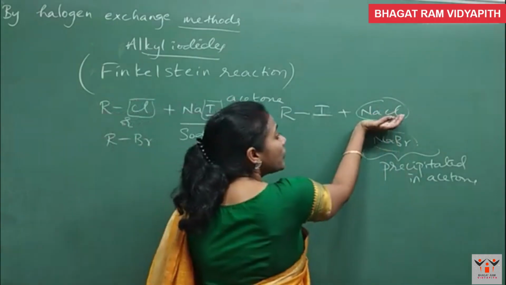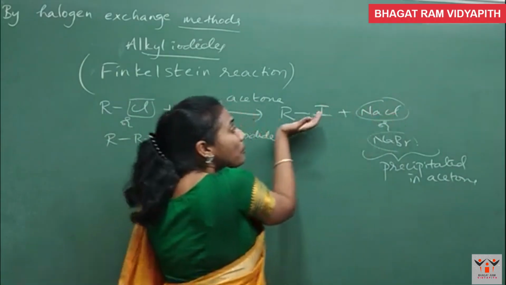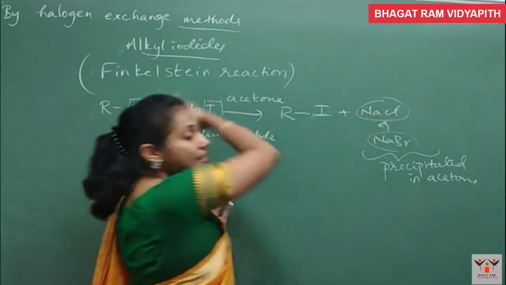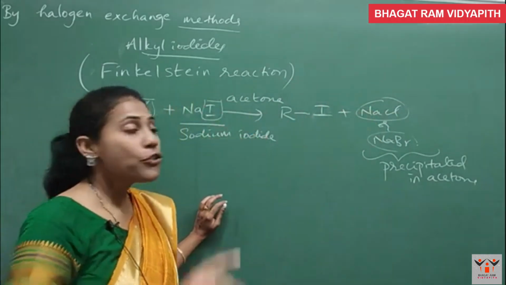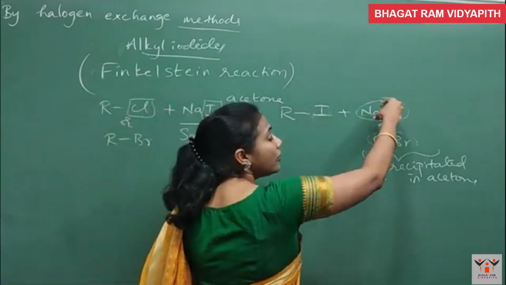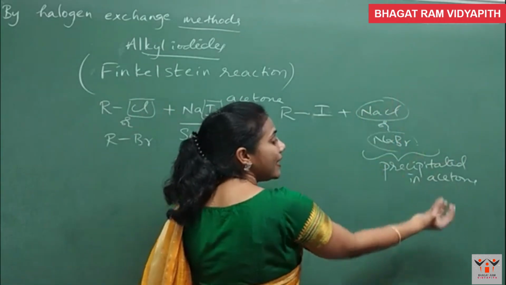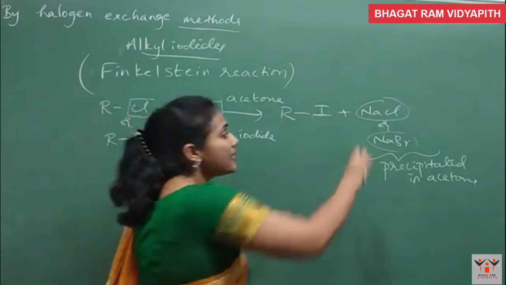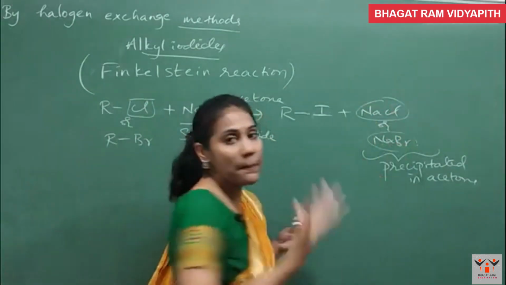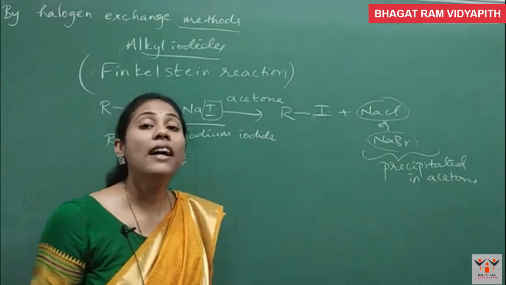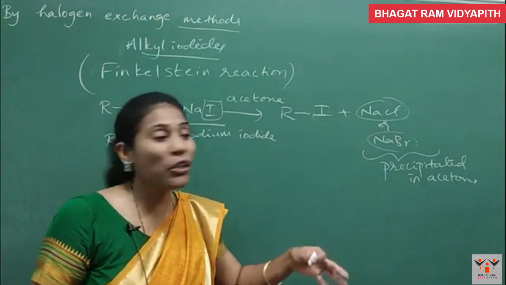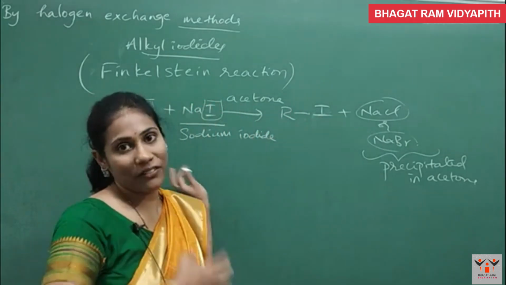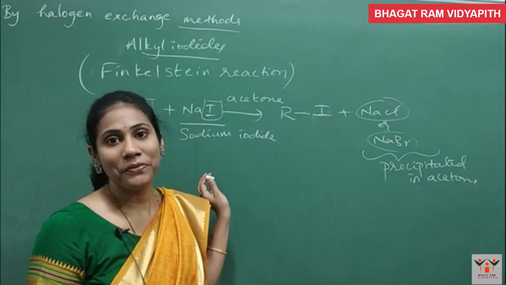The byproduct shouldn't be available in a pure form to RI. If it is available, it would react with RI and you will get back the reactants. So to remove this NaCl, acetone is used. NaCl or NaBr gets precipitated in acetone so that it is no more available for RI to react in a backward, reversible way, right?